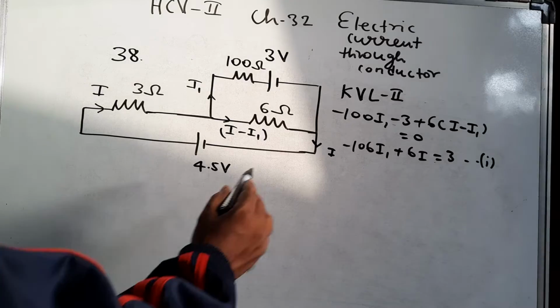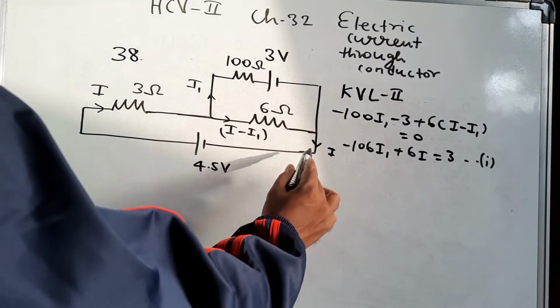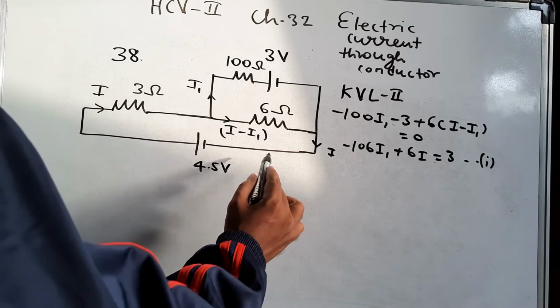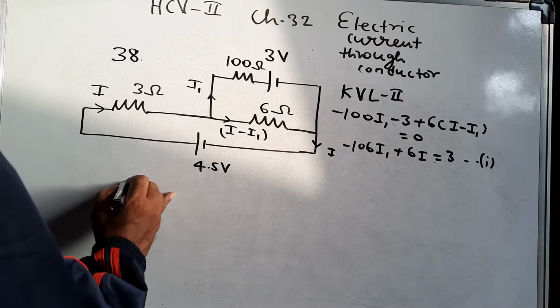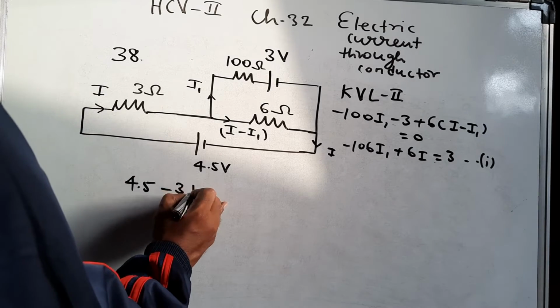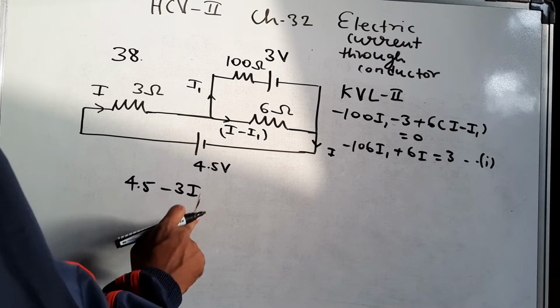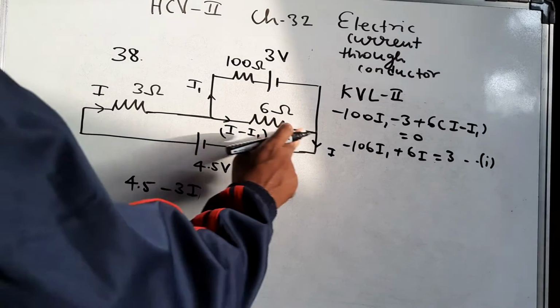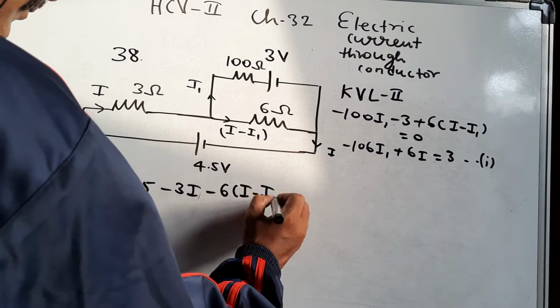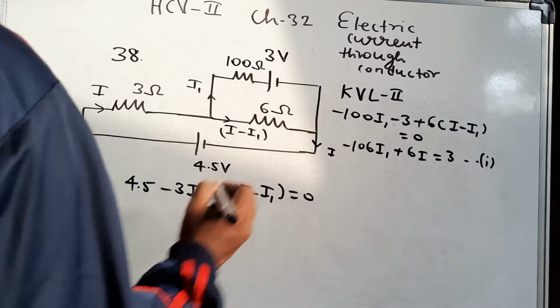Okay, now let us apply Kirchhoff's voltage law to this rectangular loop. From here to here it is plus 4.5, from here to here it is minus 3I, and from here to here it is minus 6 into (I minus I1), and the loop sum becomes 0.